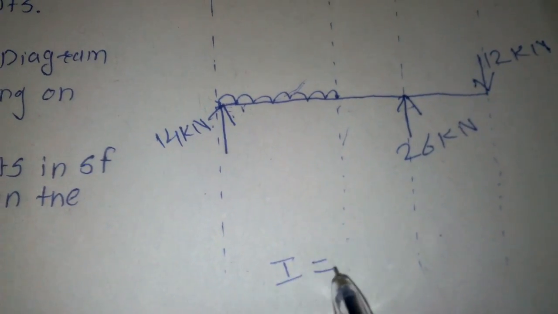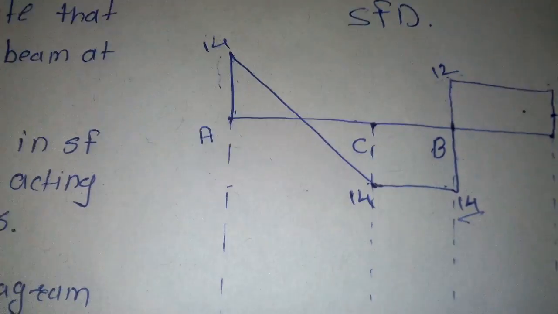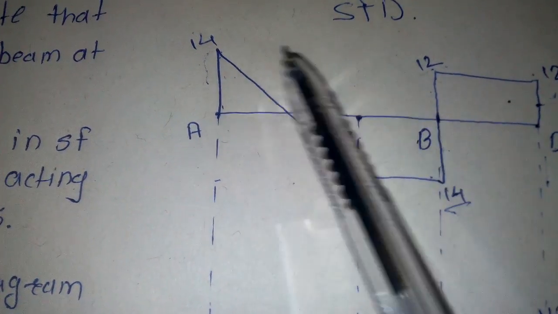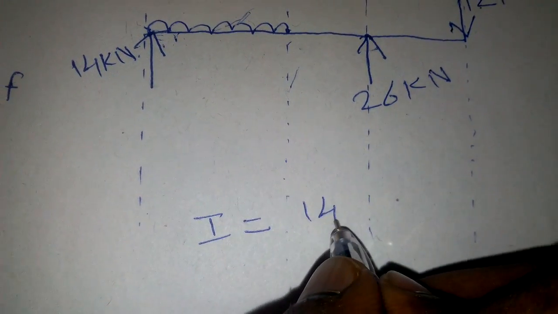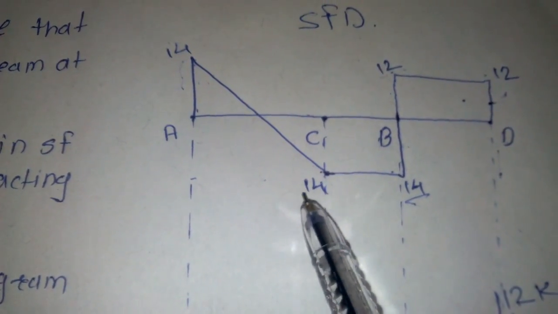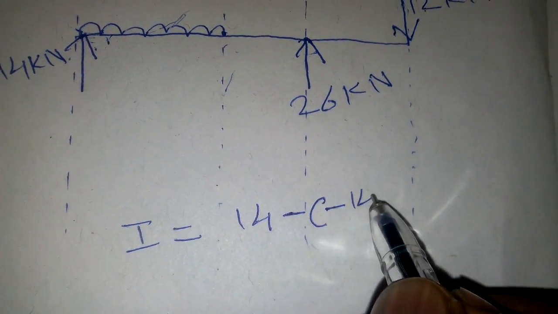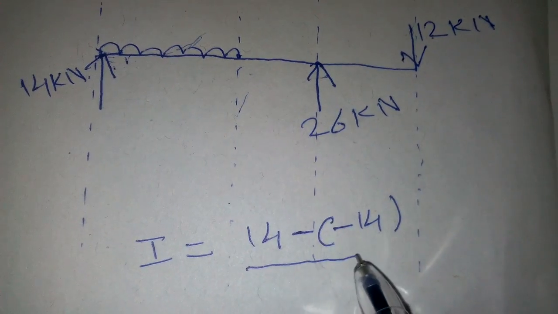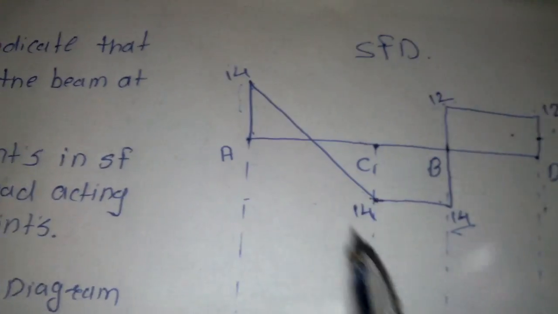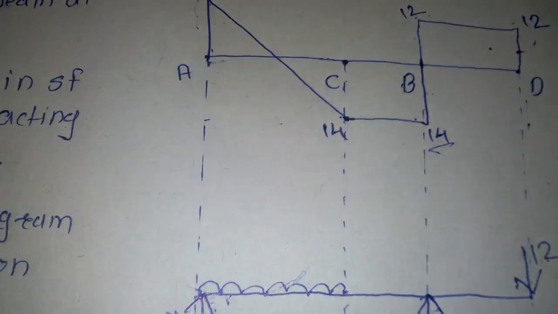The first value is 14, minus the second value, which is minus 14, so 14 minus (minus 14), divided by the span of the UDL, this total span.